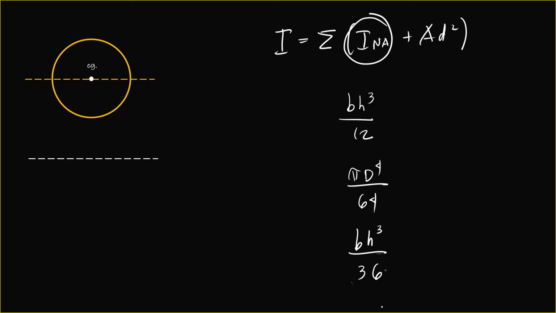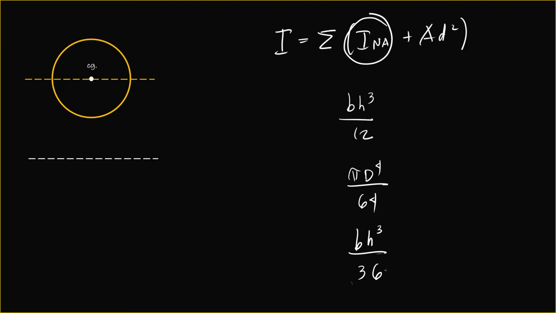So these are the common shapes. Try to memorize these formulas. You also include the spandrel. We have the semicircle, the quarter circle, ellipse.